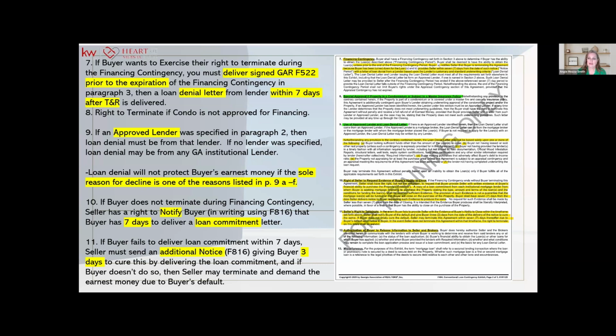So I'm so happy that the GAR Forms Committee added this paragraph 8, because what was happening prior to adding this was you were having a lot of HOAs, condominiums, etc., not meeting new guidelines requiring insurance requirements, etc. And therefore, this was often discovered at the very 11th hour, and you would have sellers fight and say the buyers should have terminated if they can't get their loan, they should have terminated during the financing contingency.